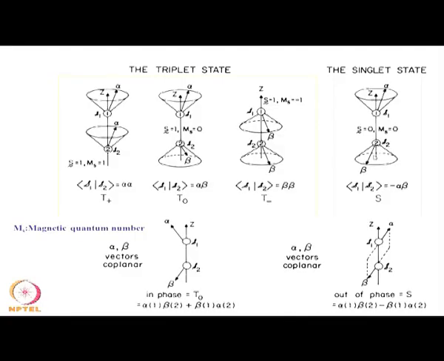Interesting chemistry may take place because of this spin transition from singlet state to triplet state, or you can reach from here to here by just a 180 degree flipping of the spin. That will generate this from that. These are some interesting topics that I am going to take up in some other class.